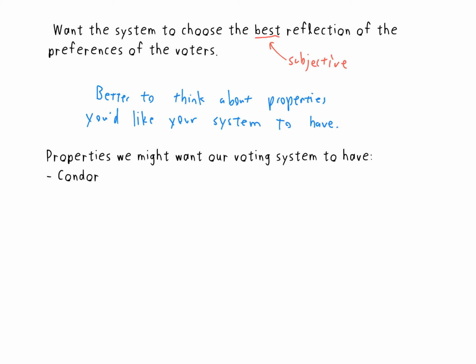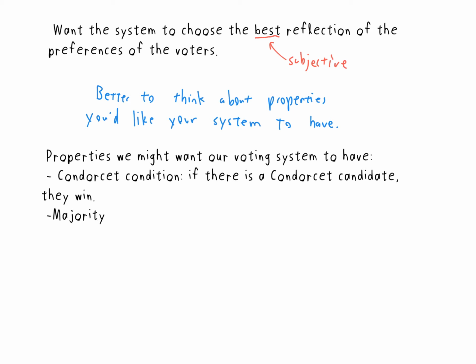One such property that we've already talked about is the Condorcet condition, which essentially says that if there is a Condorcet candidate, that candidate wins. As we talked about, some voting systems satisfy the Condorcet condition and others don't. This was something we could check. The only subjective part is whether you decide that this is a property you'd like your voting system to have.